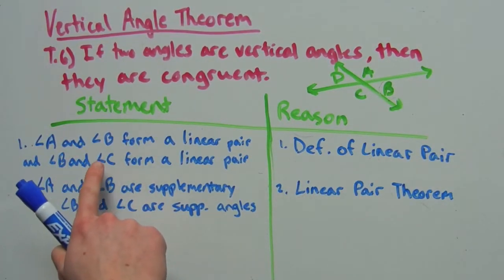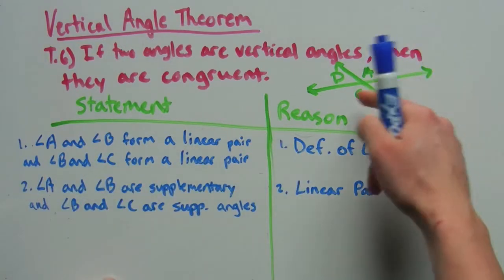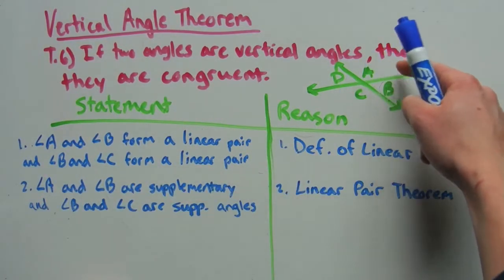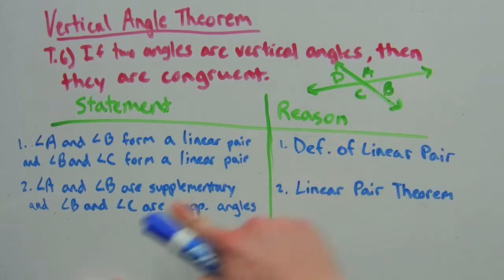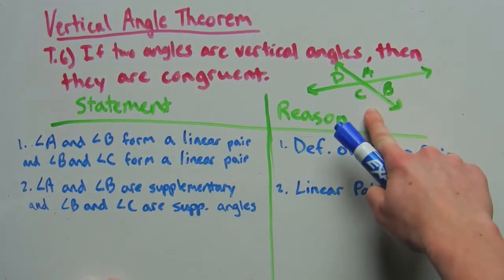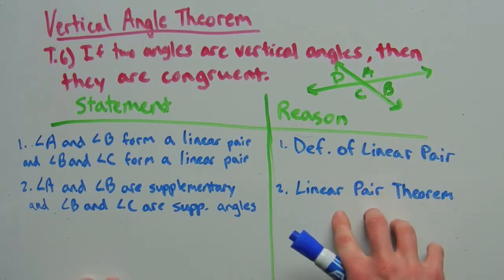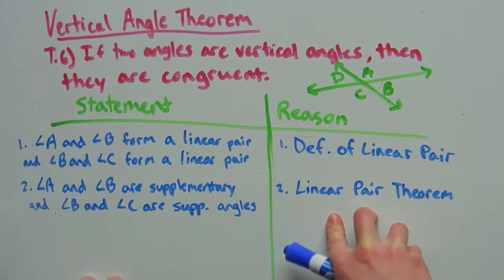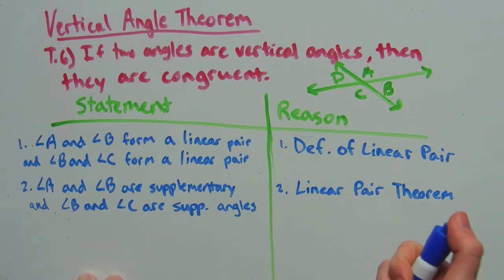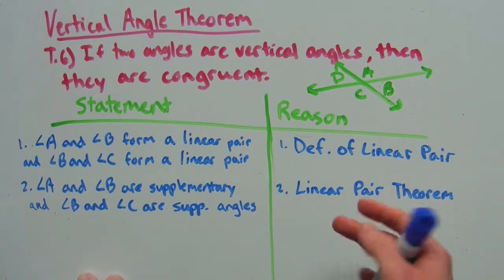So, since A and B and C form linear pairs, then A and B are supplementary, and angle B and C are supplementary angles, and that's because of the linear pair theorem, which states that if two angles are a linear pair, then they are supplementary.